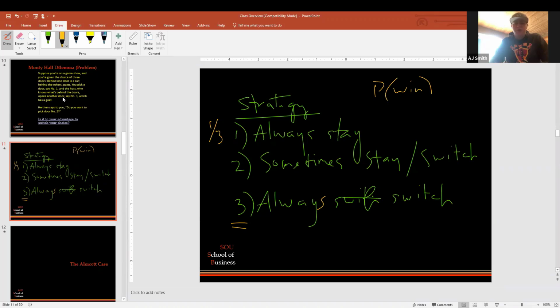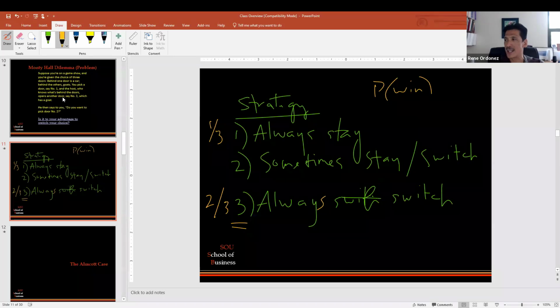Wouldn't it be 2/3? Okay, 2/3, AJ. Why'd you say 2/3? Because there's a 2/3 possibility that you did not pick the right door on the first option. Okay, that's right. So that's a complement of the always stay.